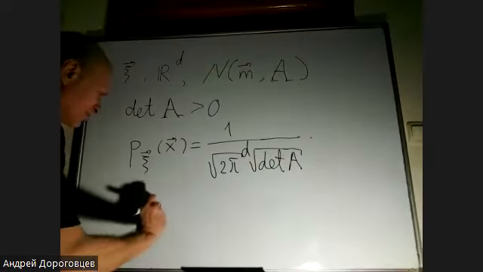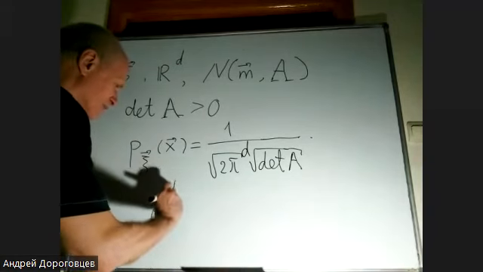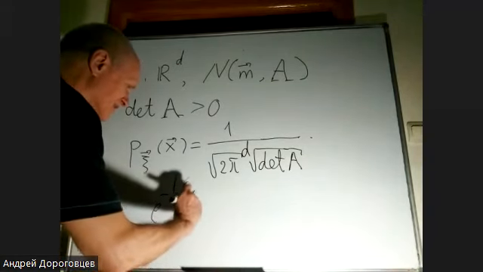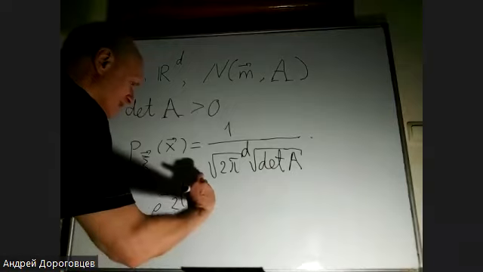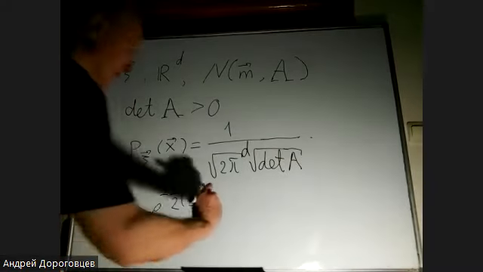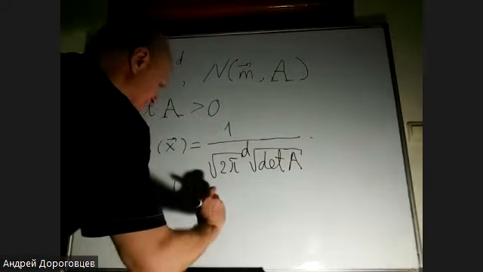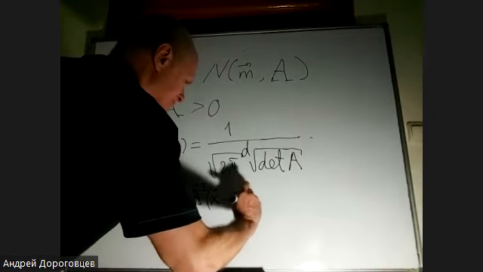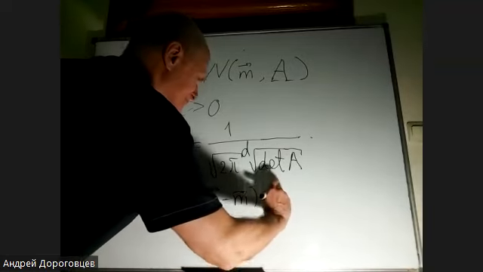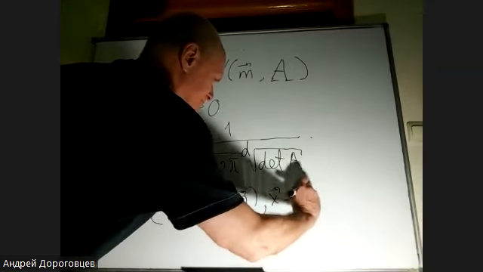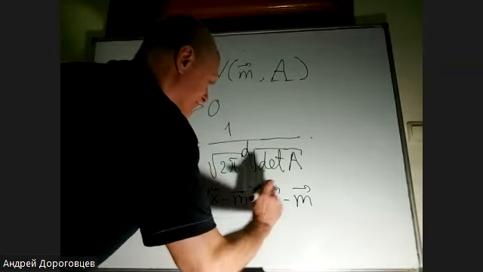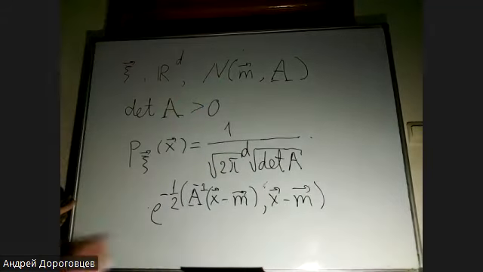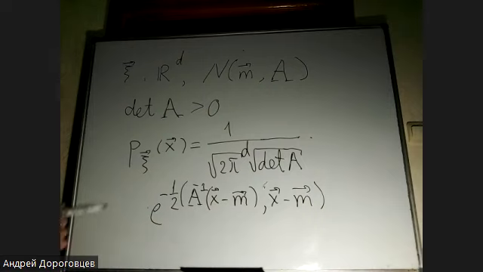Multiply by the exponent of minus 1/2, and here is the quadratic form of the inverse matrix to A. So in this case, we have a density.